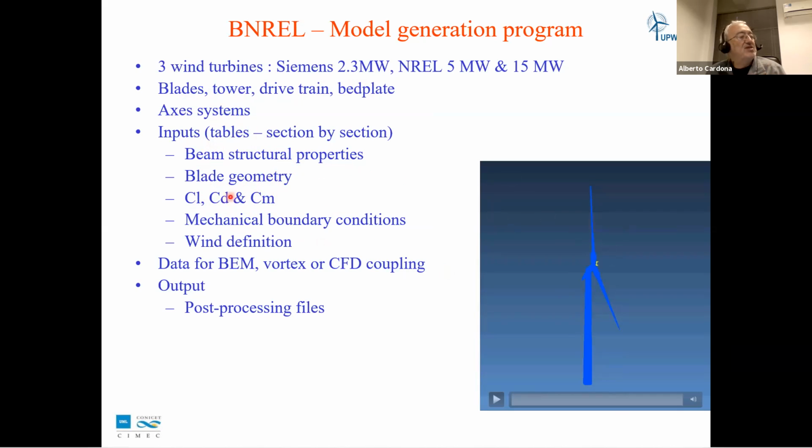We are not using them, but we have the lift, drag, and moment coefficients for the sections, mechanical boundary conditions, and definition of wind, etc. This program is able to generate data for different ways of modeling the fluid. We are working on the CFD model, but we can use also what is known as a blade element method, and also a vortex method to simulate the fluid.